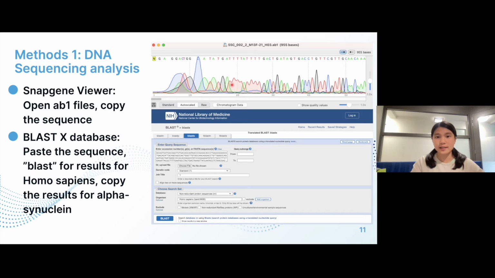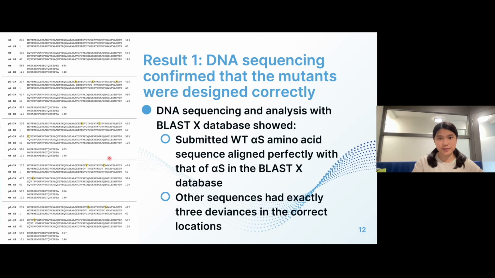And I copied the sequence into the National Library of Medicine's BLASTX database. After pasting the sequence and blasting for results, I copied the results for alpha-synuclein, and this was the result. Basically, I confirmed that the mutants were designed correctly with the DNA sequencing.